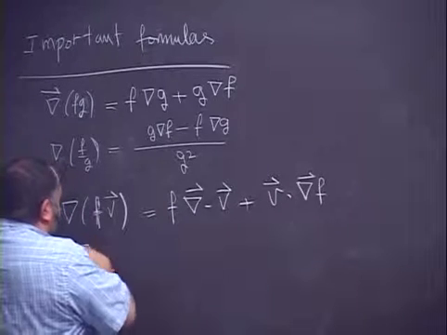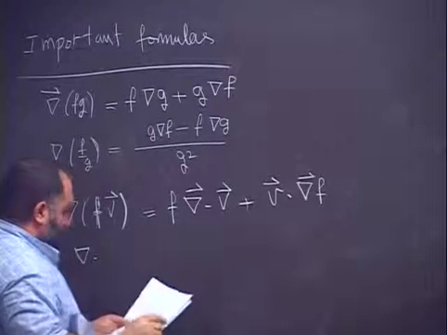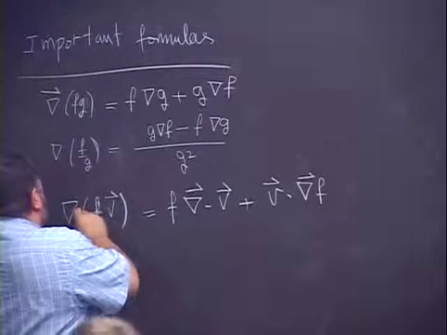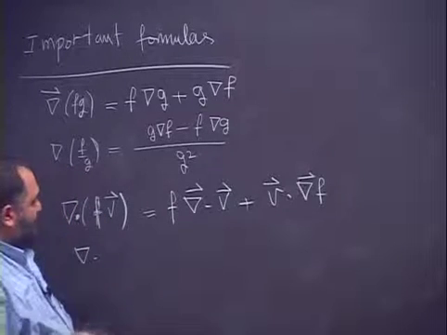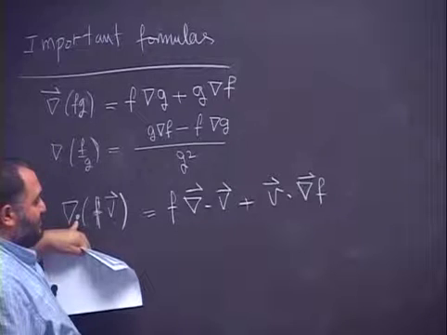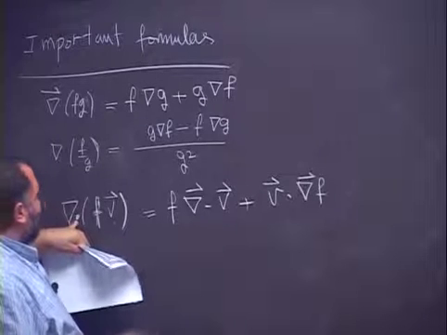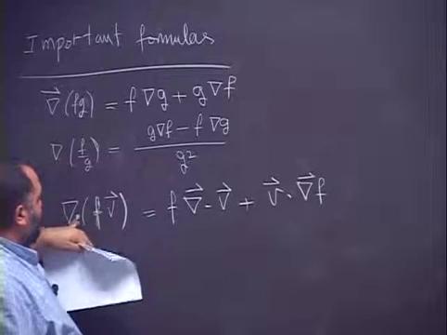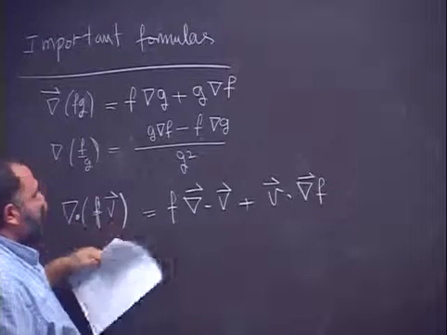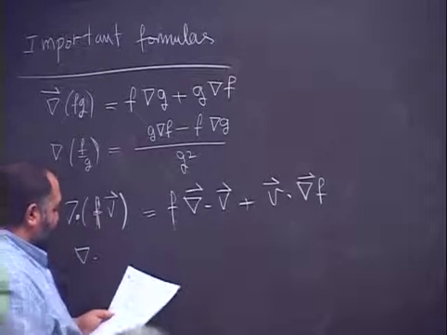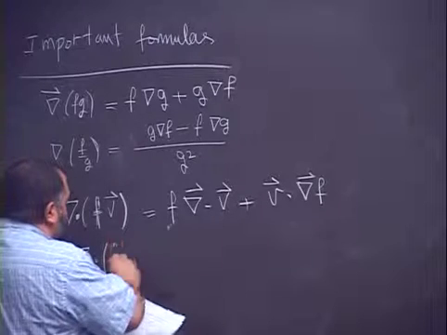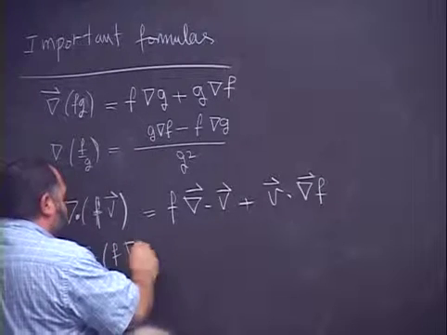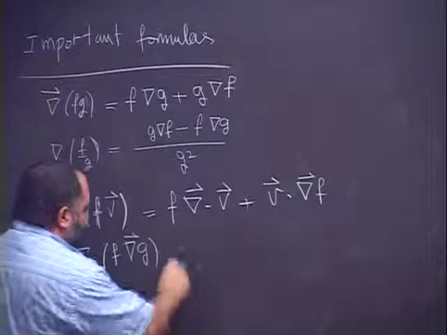By the way, this is a divergence, so you have to put a divergence here. If you have a gradient, it will give you a tensor, but this is a divergence. If you put a gradient of v, this is another story. This is a tensor. So the divergence of f multiplied by gradient of g.